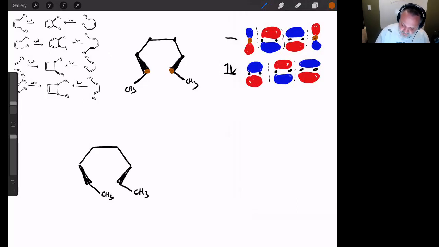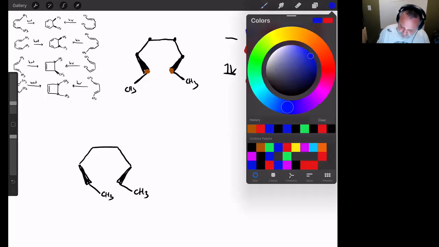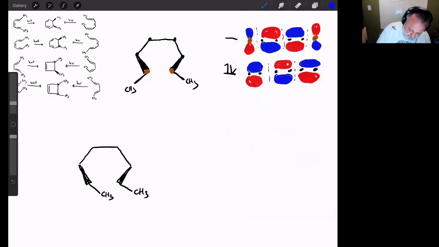So in the case of the ground state, I'm going to have a blue orbital here, a blue orbital here, a blue orbital down here, a blue phase down there, and then the blue phase is up again.